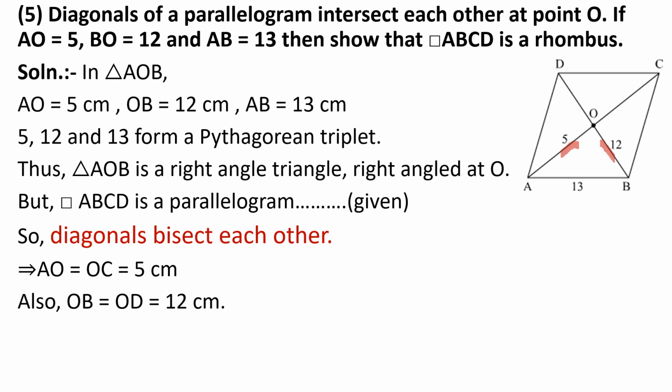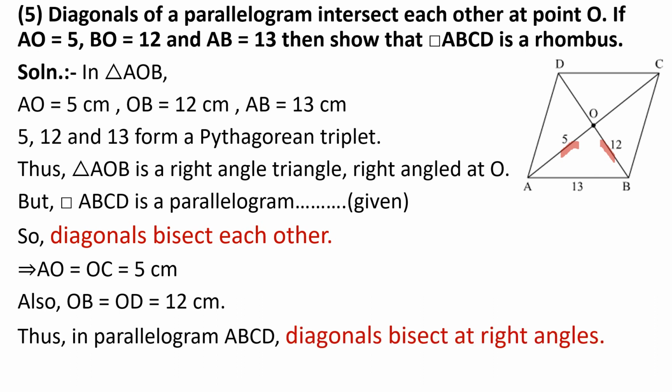Reason: diagonals of a parallelogram bisect each other, because in the question it is given that it is a parallelogram. Thus, in parallelogram ABCD, diagonals bisect at right angle, because at point O it is a right angle. So quadrilateral ABCD is a rhombus.